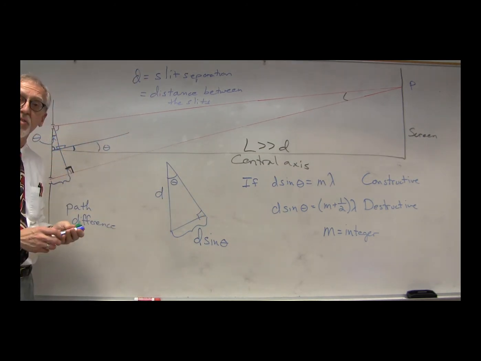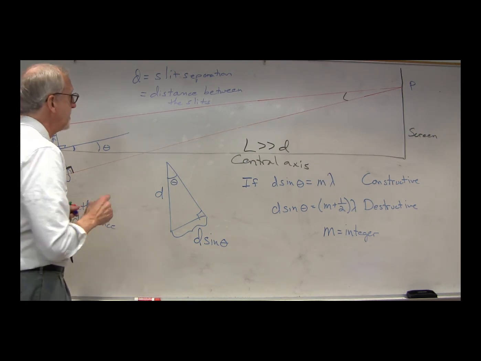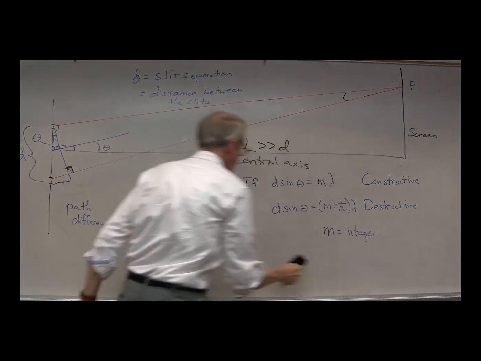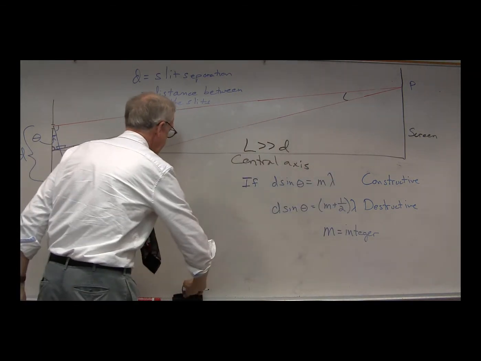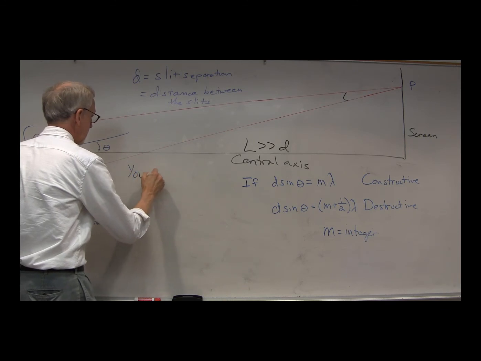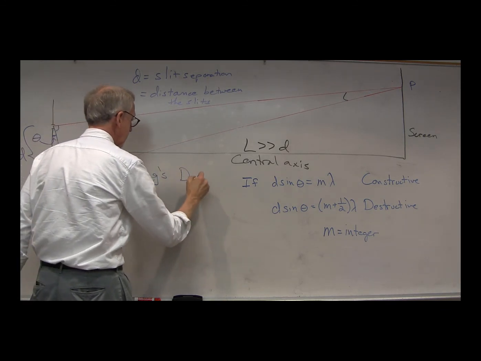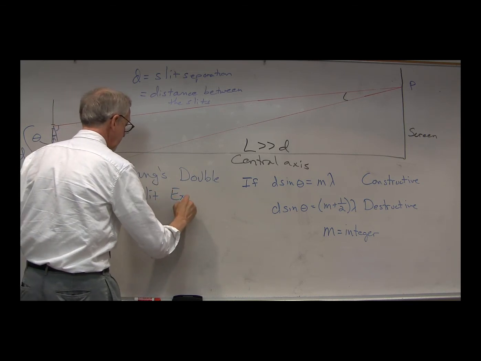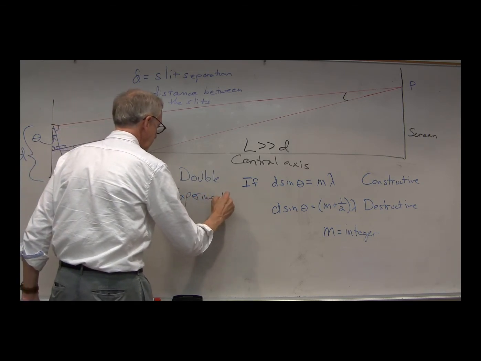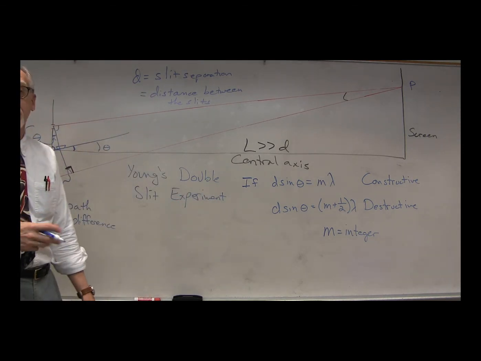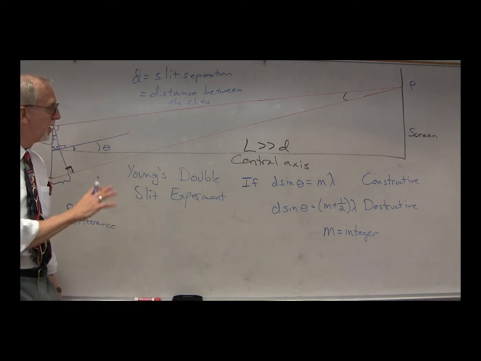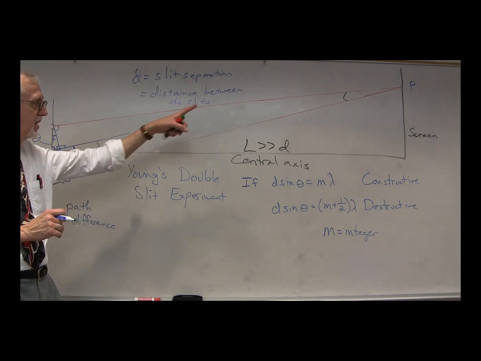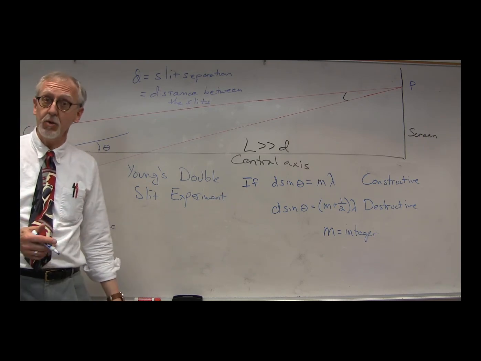This is actually called Young's double-slit experiment, or just the double-slit experiment. So let's try this and see what happens. Can we actually make light and light give us lots of light and no light? Let's try it.